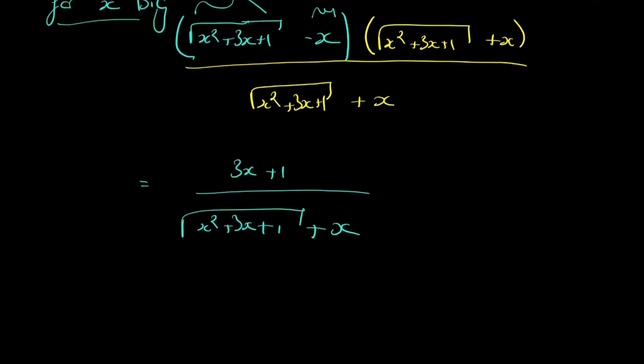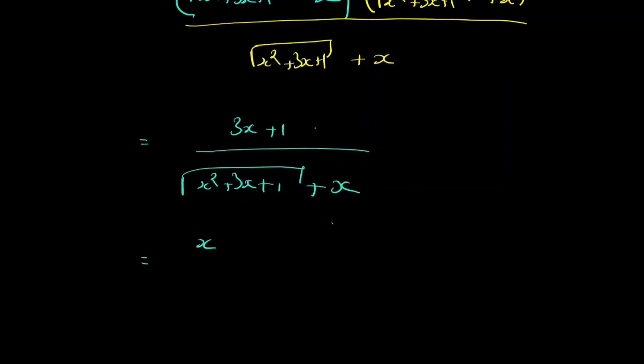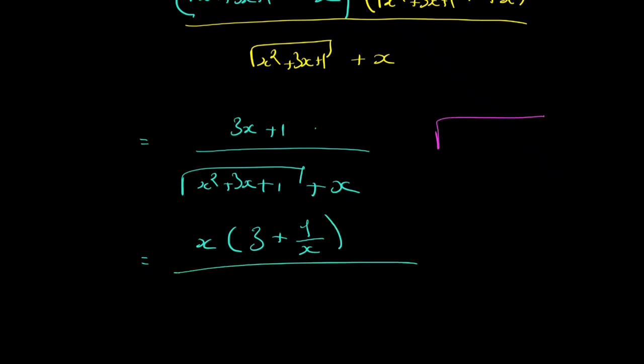Now, what I want to do is to put x in factor. So let's do this at the top and at the bottom. This thing is equal to x times 3 plus 1 over x. And at the bottom, I can write square root of x squared plus 3x plus 1 as square root of x squared times 1 plus 3 over x plus 1 over x squared.